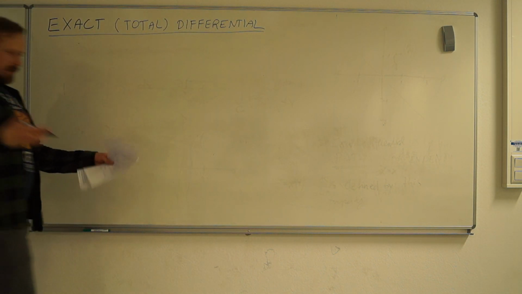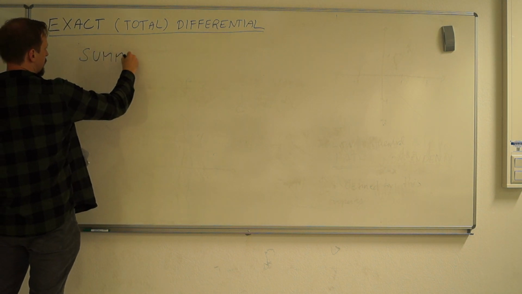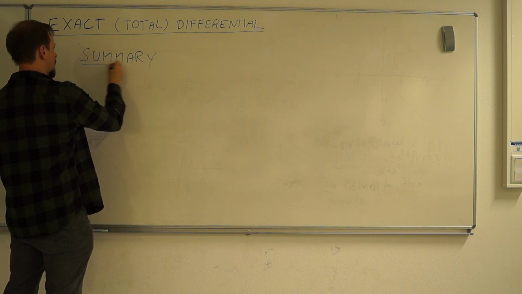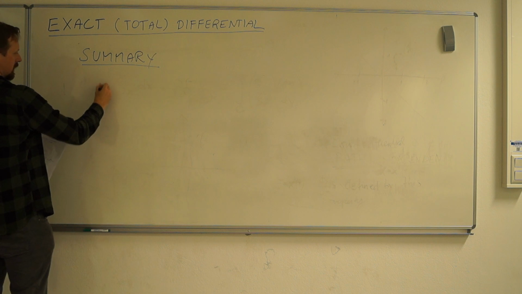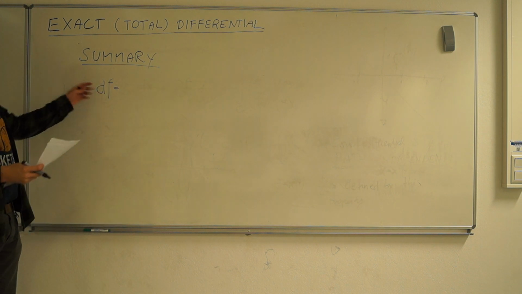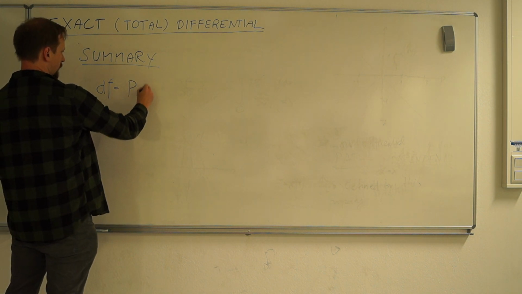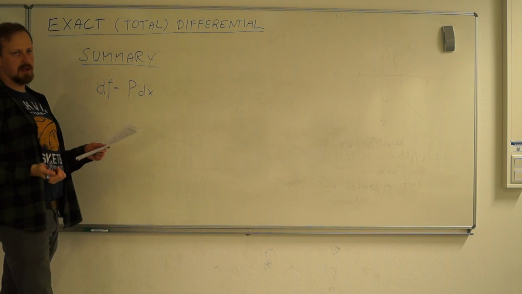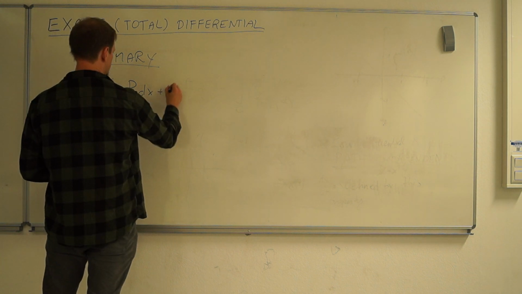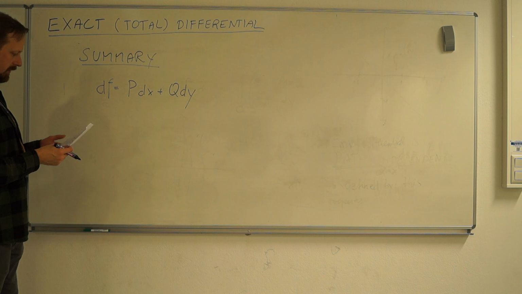So to digest everything, let's make a summary board. So we have found expressions of the form that an infinitesimally small change of some function f can be described by some function p, which depends on x and y, dx plus q, which depends also on x and y, dy.